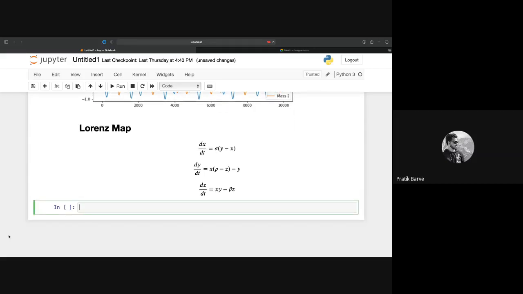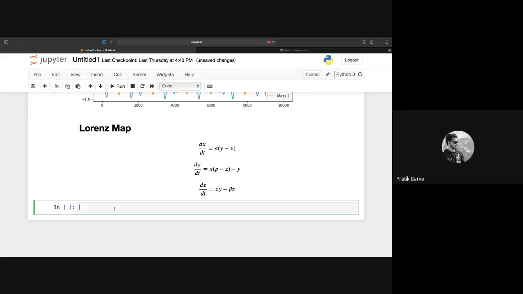So what basically he did was these are the three equations. They are called Lorentz equations, and this is just a variation in dx, dy, and dz with respect to dt with some parameters. So there's sigma, rho, and beta. They are actually the Prandtl number, the Rayleigh number, and so on, and this depends on what system you are considering, some physical dimensions of the system.